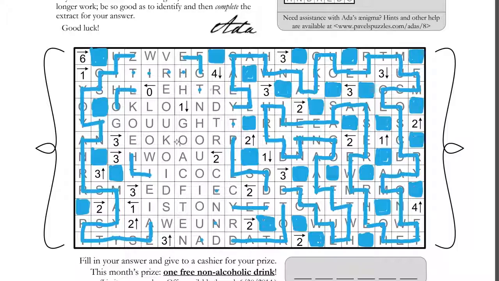Could it be here? Think so? I could come along there, but then I'd have to do that, so it can't do that. But that could come down, that could do all that stuff.